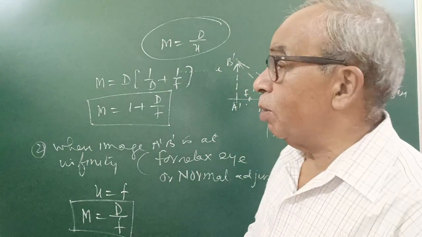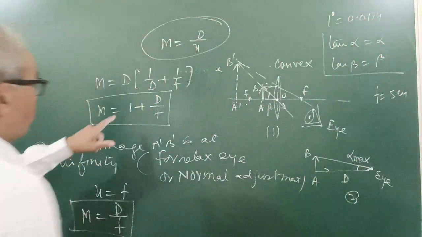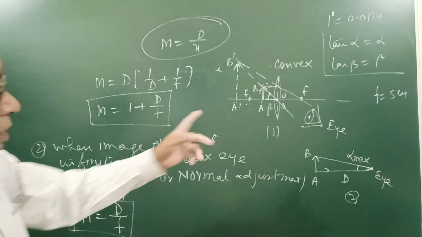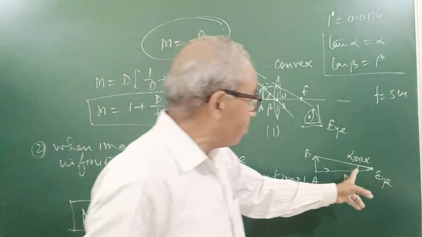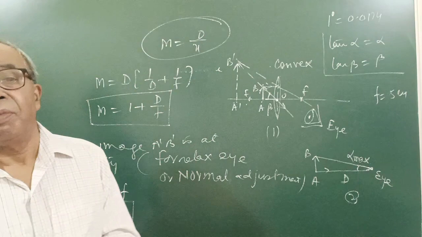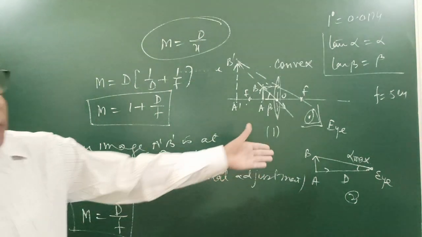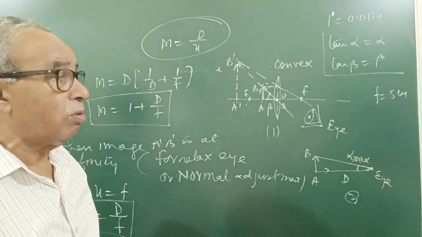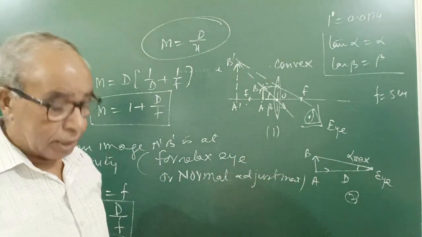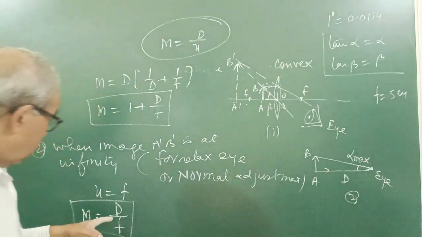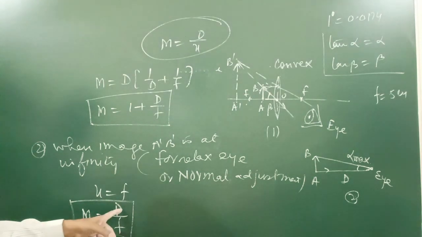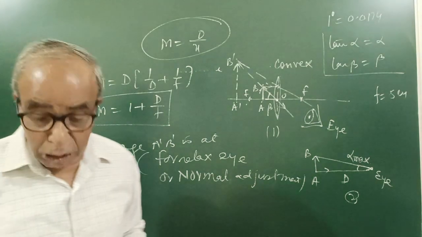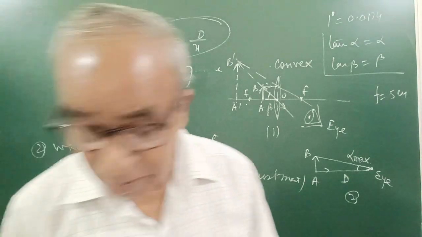Suppose focal length of the lens is 5. So maximum will be 1 plus 25 upon 5, that is 6. That means this angle beta will be 6 times that alpha maximum, and hence the apparent size of the image will be 6 times that of the apparent size of the object. And finally 25 upon 5, it becomes 5 times. So this is the meaning of angular magnification.